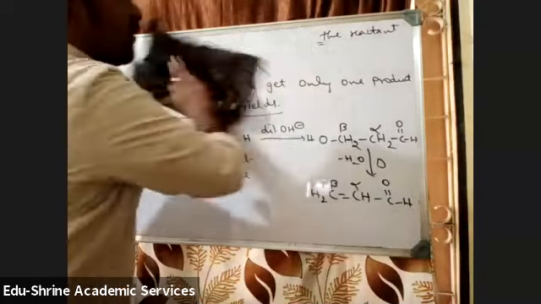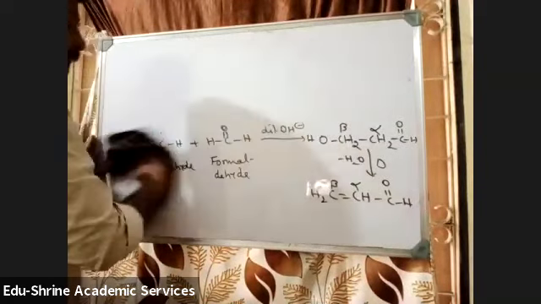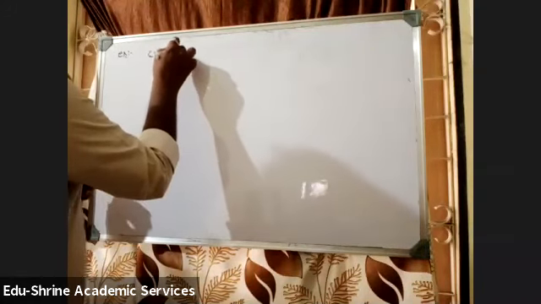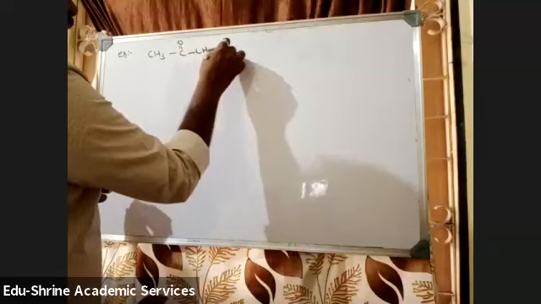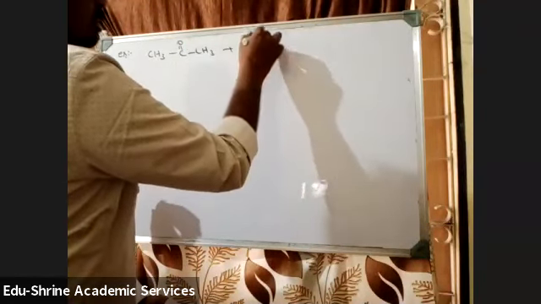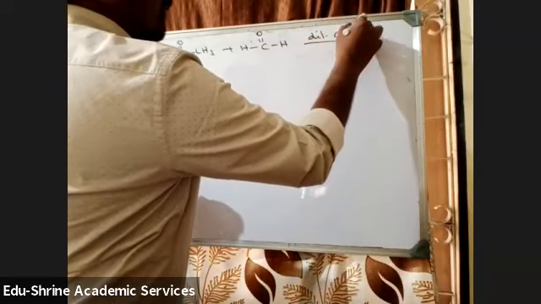Completed. So 2 more reactions I'll give. Try to write down the products. Example is acetone plus formaldehyde, first on reaction with the dilute OH minus.